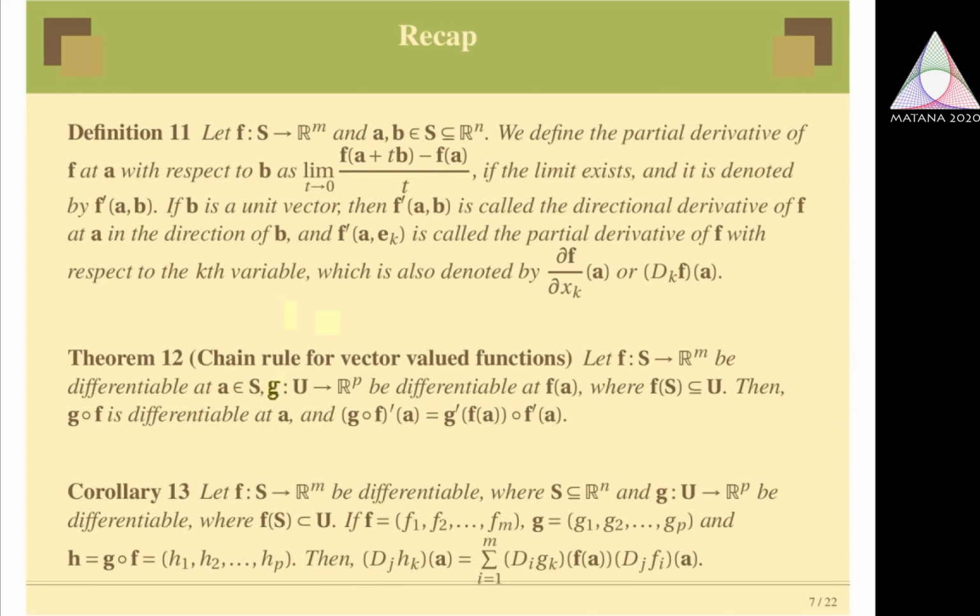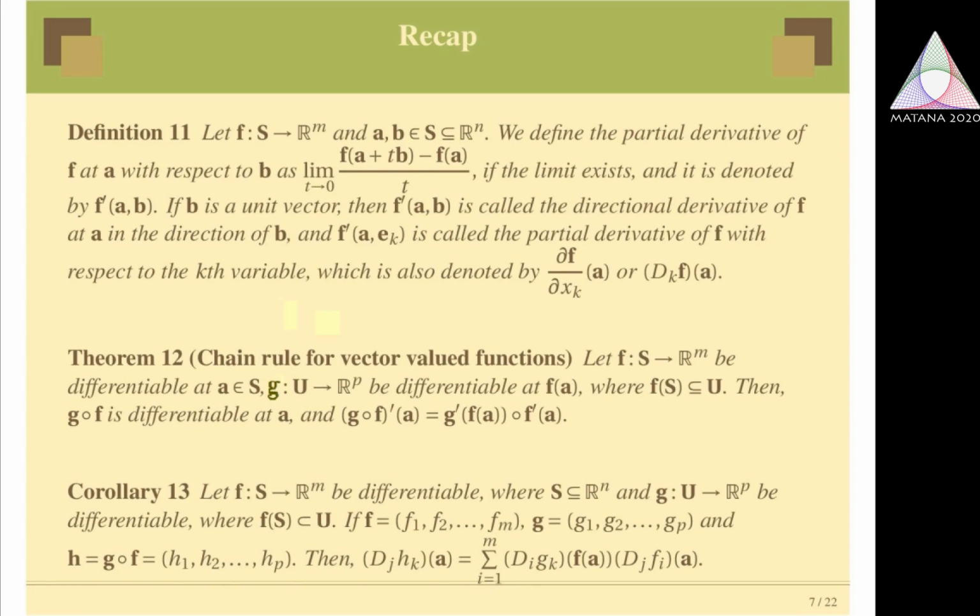If we write this identity in the matrix form with respect to the standard basis, we get the following corollary. Let f be (f1, f2, ..., fm), g be (g1, g2, ..., gp), and h the composition of g and f given by (h1, h2, ..., hp).